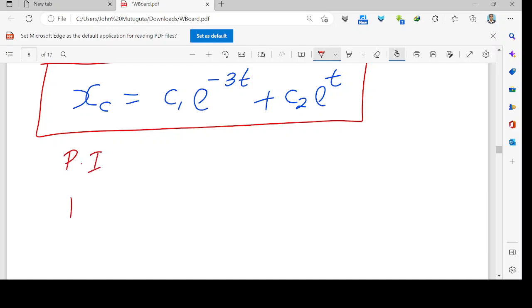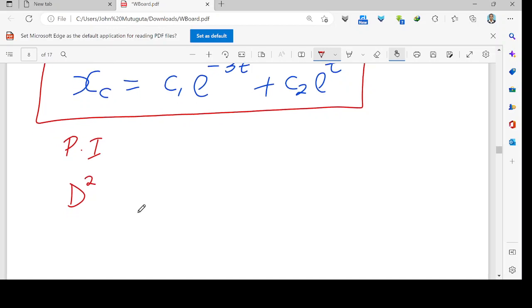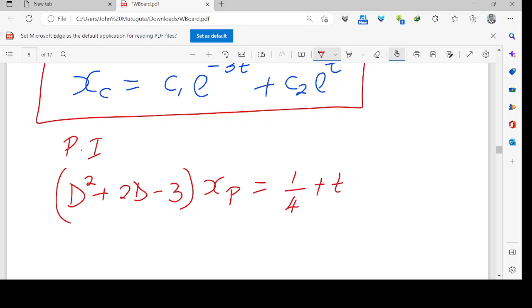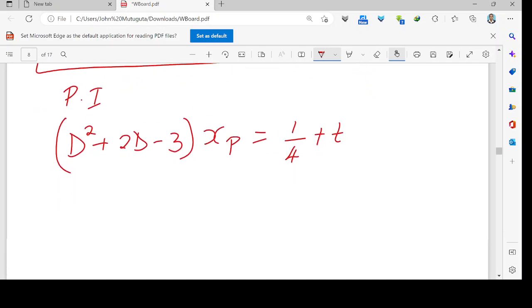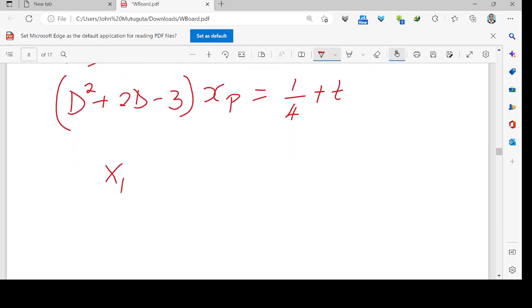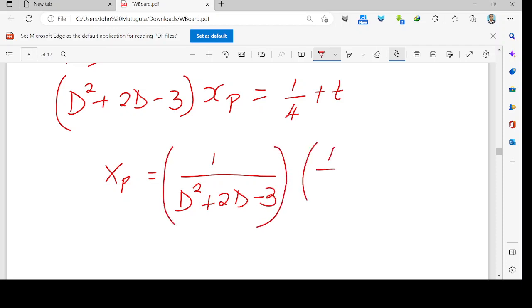So we are solving the equation d squared plus 2d minus 3 xp is equals to 1 over 4 plus t, which we can write as xp is equals to 1 over d squared plus 2d minus 3, operating on 1 over 4 plus t.